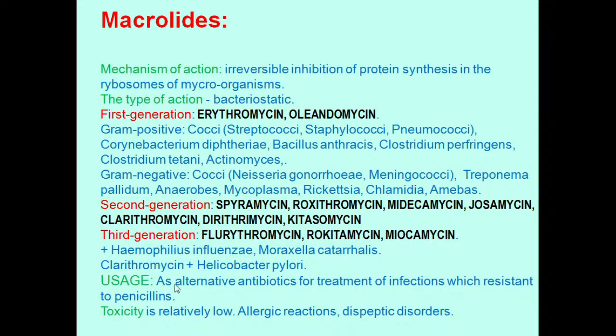Additionally, second and third generation preparations act on Haemophilus influenzae, Moraxella catarrhalis, and clarithromycin additionally on Helicobacter pylori. Second generation includes spiramycin, roxithromycin, midecamycin, josamycin, clarithromycin, dirithromycin, and others.